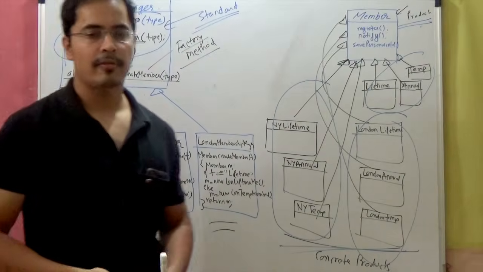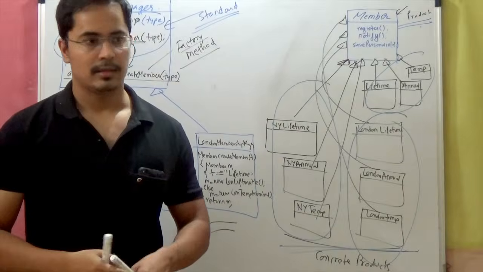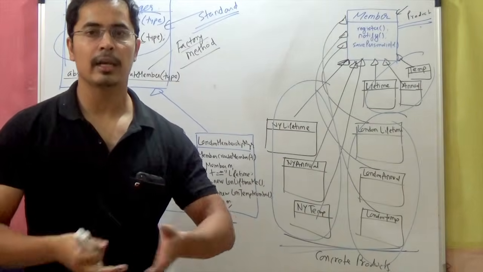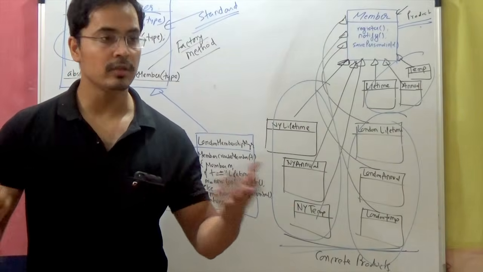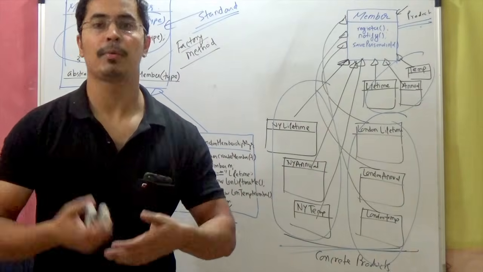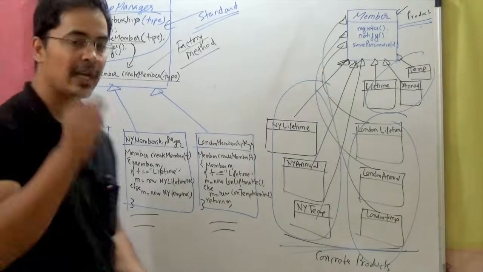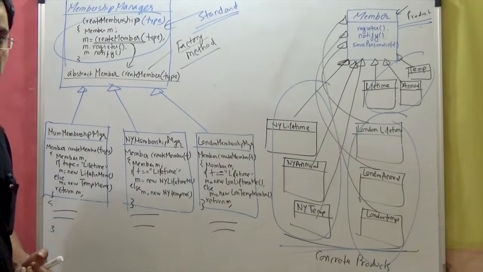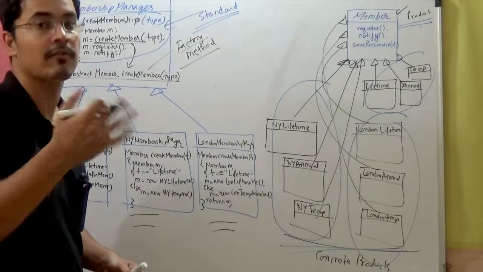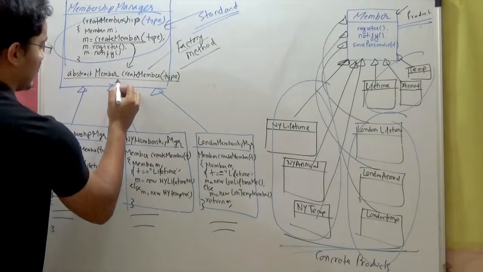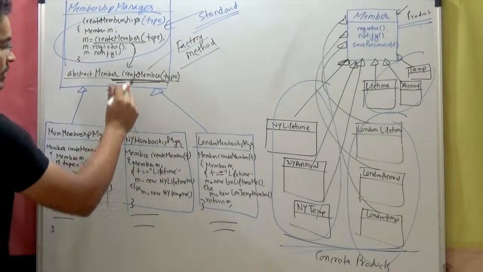But then if everything is set, then franchises will not have any area to maneuver. Franchises will also need some freedom of operation, right? They would like to implement certain things differently. So that different way of implementation by different franchises is here in this factory method, create member.